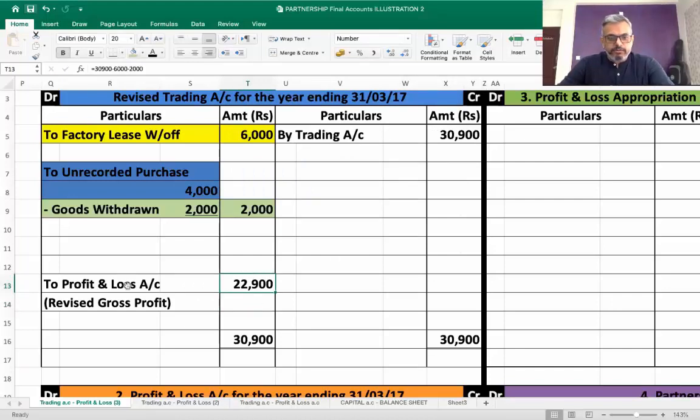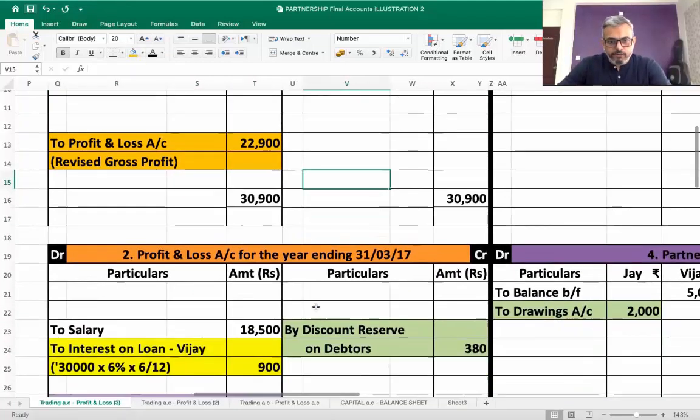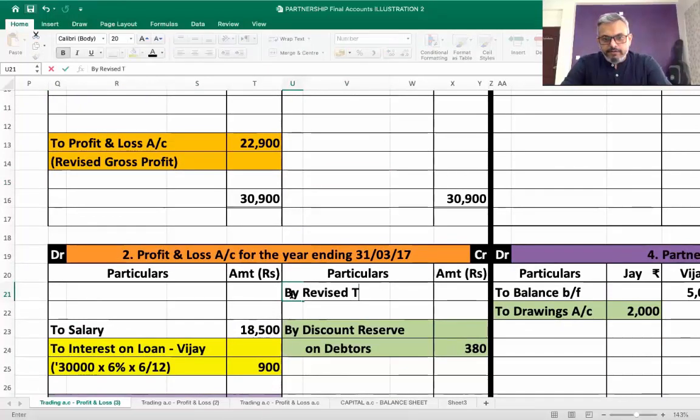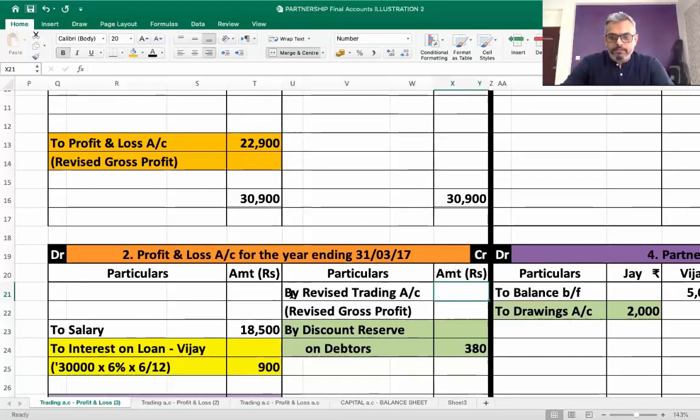So 22,900 is the gross profit. We have to transfer this to profit and loss account by revised trading account. In the bracket, revised gross profit, $22,900.